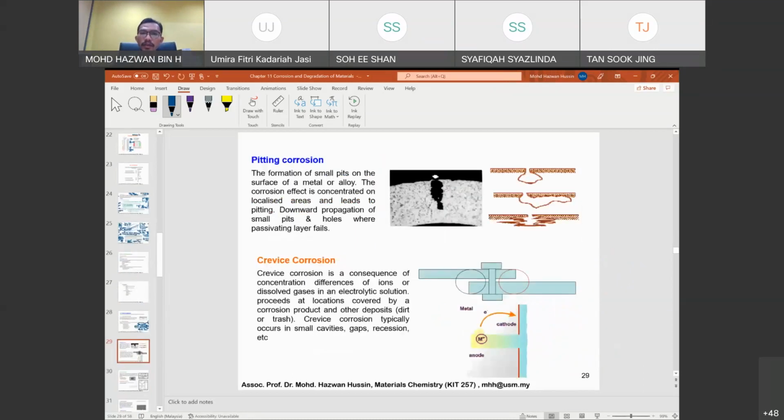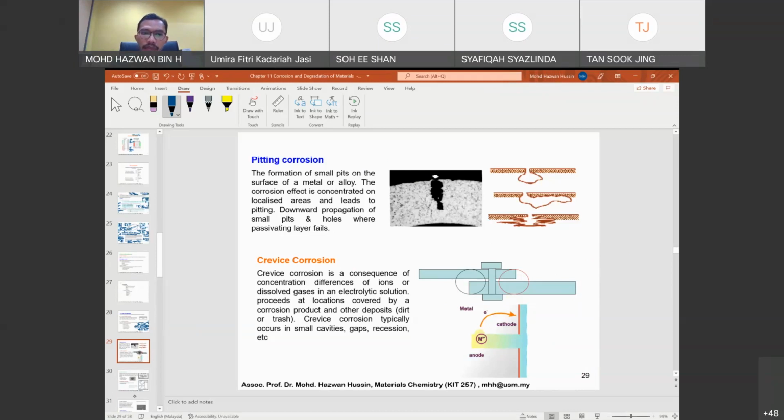The first one is pitting corrosion. Pitting corrosion is the formation of small pits on the surface of a metal or alloy. The corrosion effect is concentrated on a localized area and leads to the downward propagation of small pits and holes where passivating layers fail. Pitting corrosion is quite special because this occurs underneath a protective or passive layer.